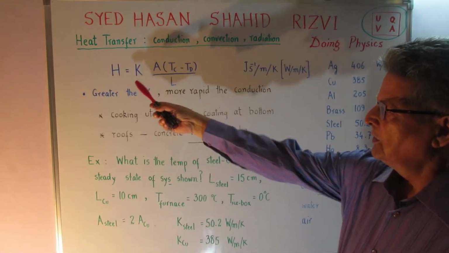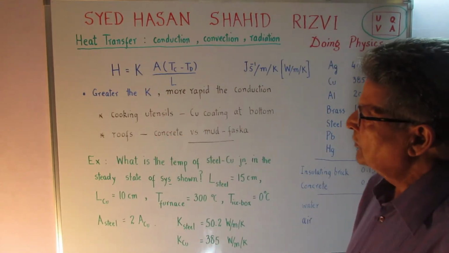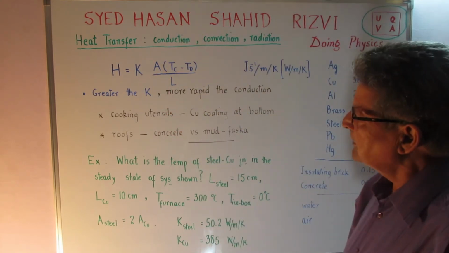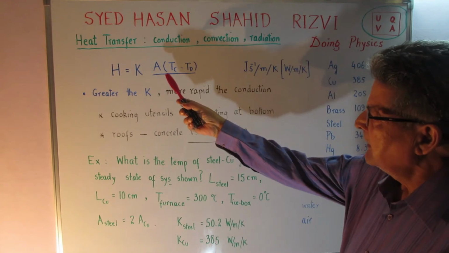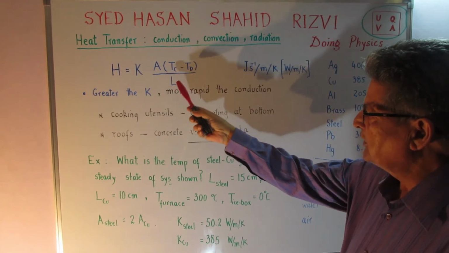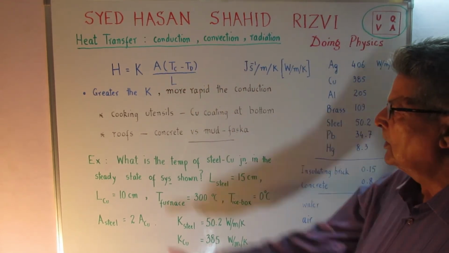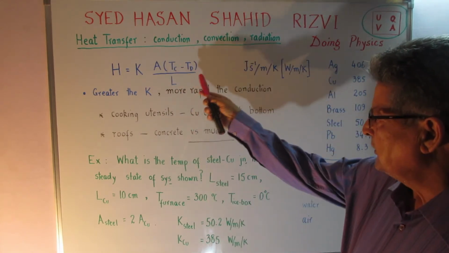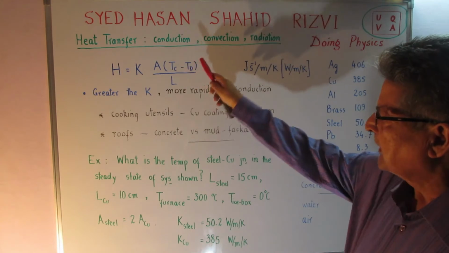So I have the heat flow per second in the steady state equal to capital K A Tc minus Td over L. So H is equal to K A Tc minus Td upon L. These are variables.